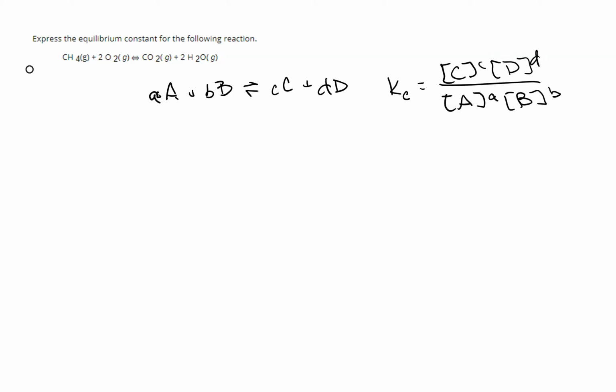So in this particular case, if we want to find the equilibrium constant for this given reaction, all we have to do is go to our concentration of our product, so the concentration of carbon dioxide raised to the first power, because that's its coefficient.